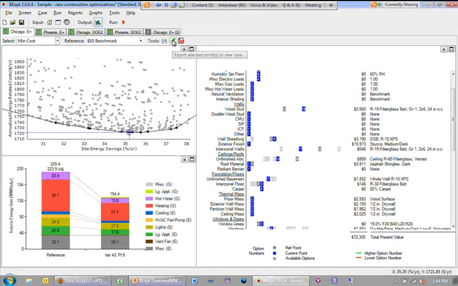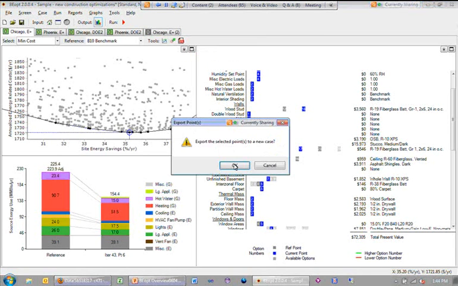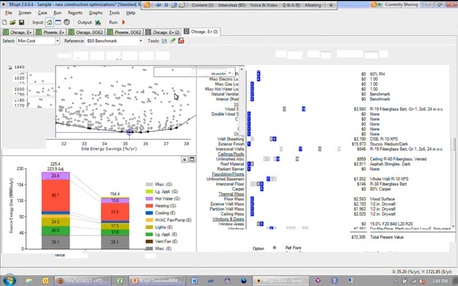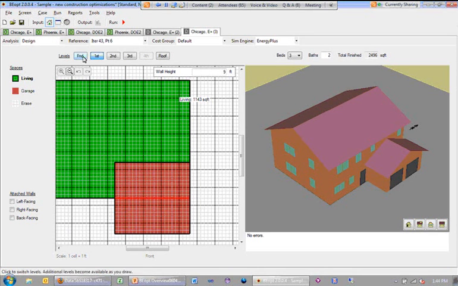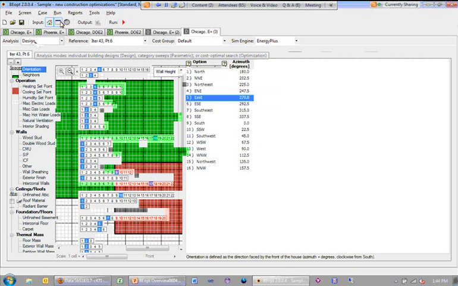If you click that, it's going to take the technologies that made up this point and give you a new case. I'll go ahead and click it. It gives you a new case in design mode, and that's the only point in that case.